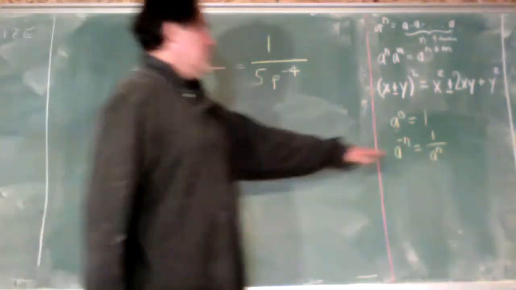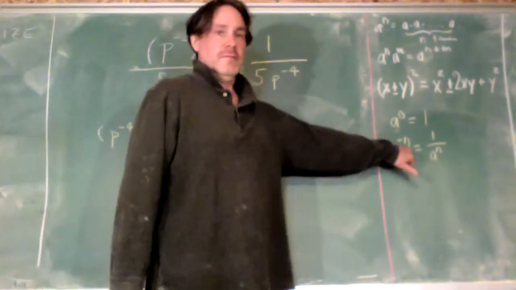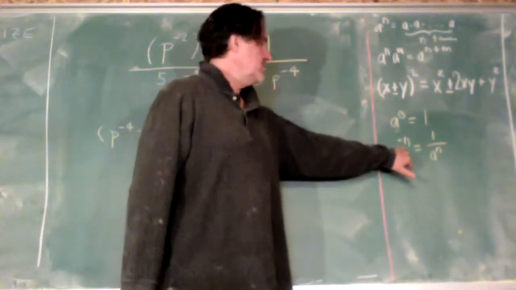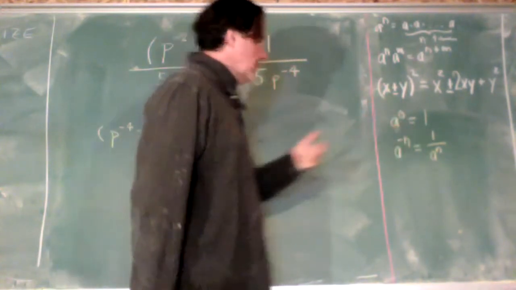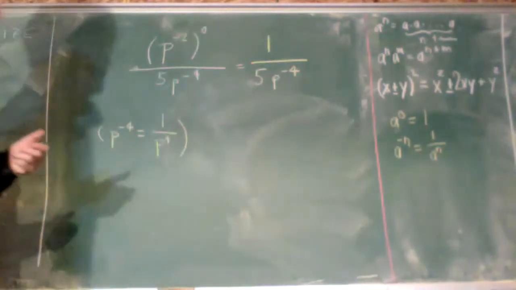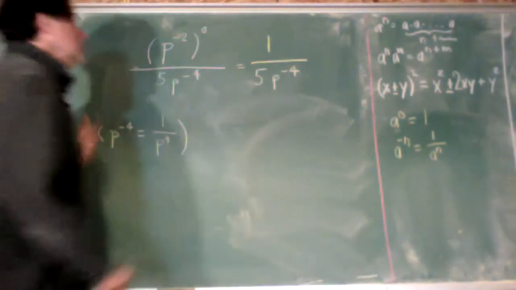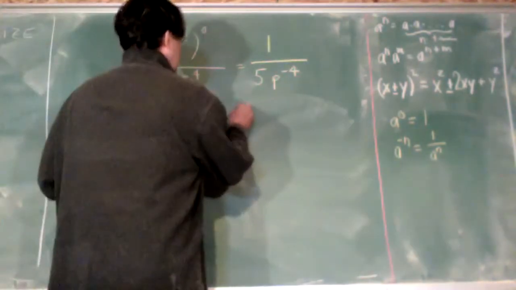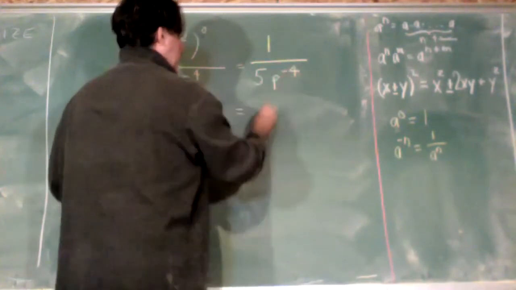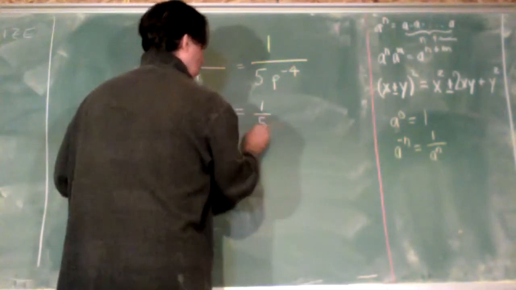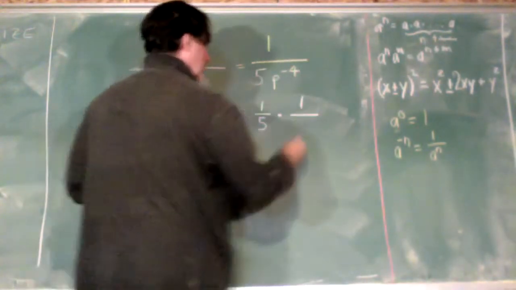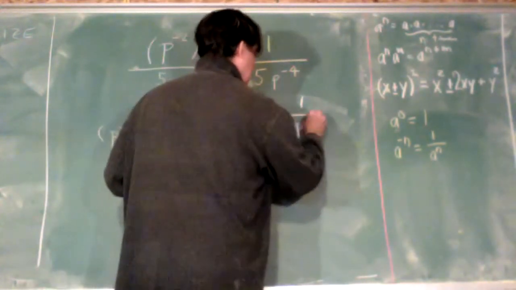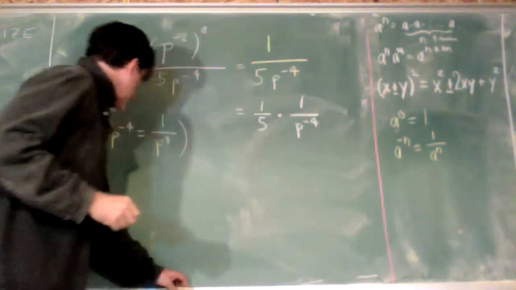We extended this rule from positive integers to basically any rational number. So 1 over this we can think of as 1/5 times 1 over p raised to the -4th power.